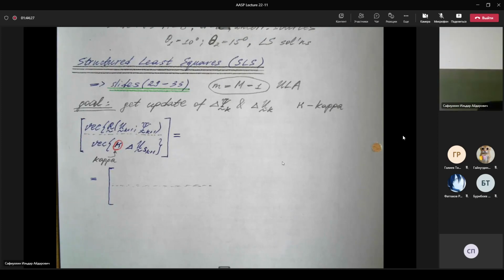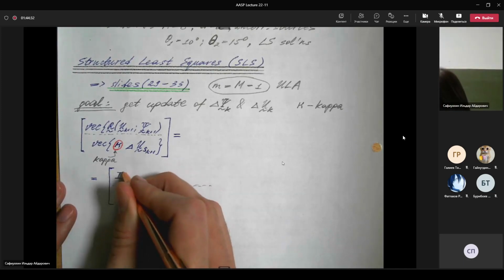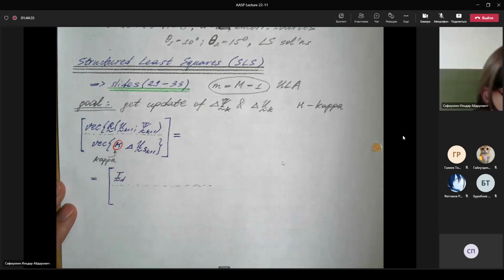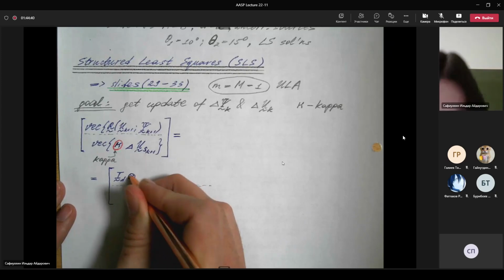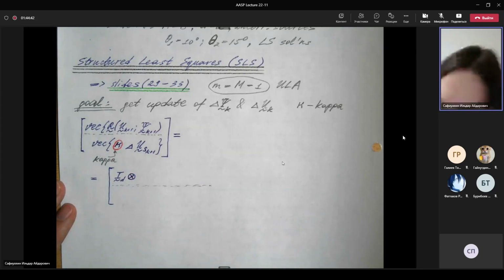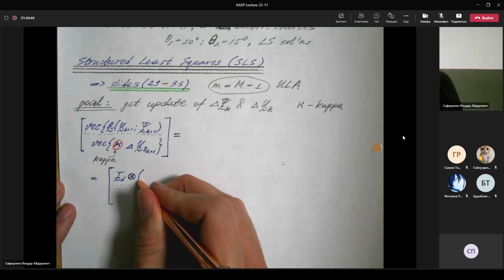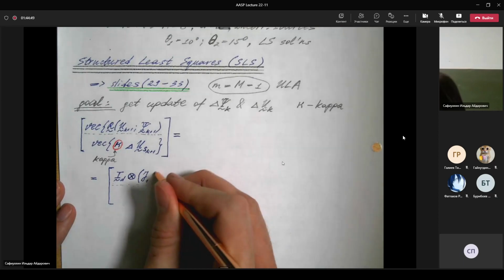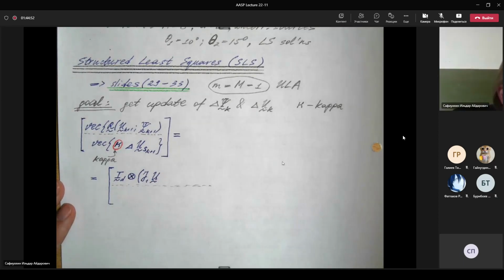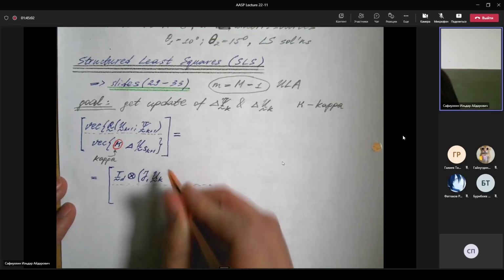Here we have the identity matrix of size D, Kronecker product with selection matrix 1 times U, let's write U sub k here for step k.